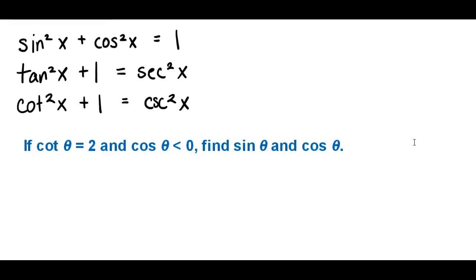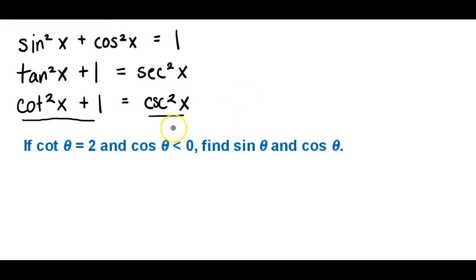So we know that cotangent of theta is 2, and the only relationship we know so far involving that is this one. If we get cosecant squared of theta, then we can find sine, and we can use this relationship up top to go ahead and find cosine.